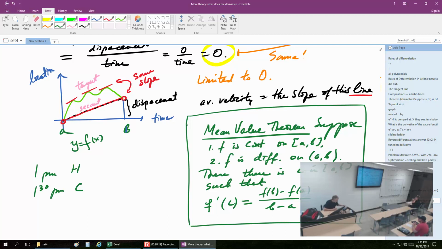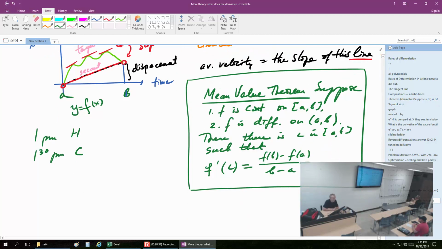But the main application, in addition to what we have already done, is not really to estimate that instantaneous velocity, but rather to say something about what the sign of the derivative tells us about the monotonicity of a function.